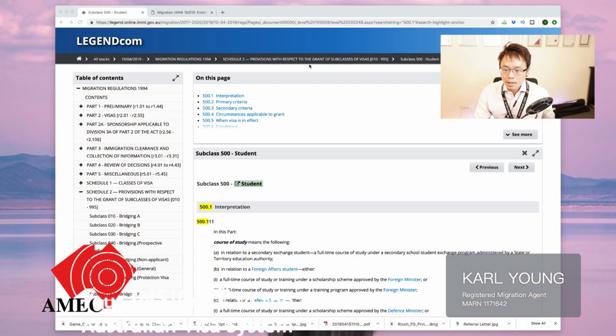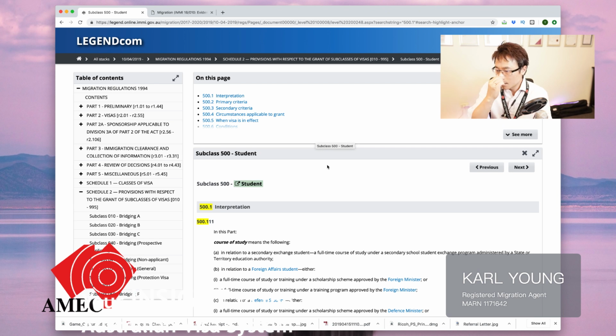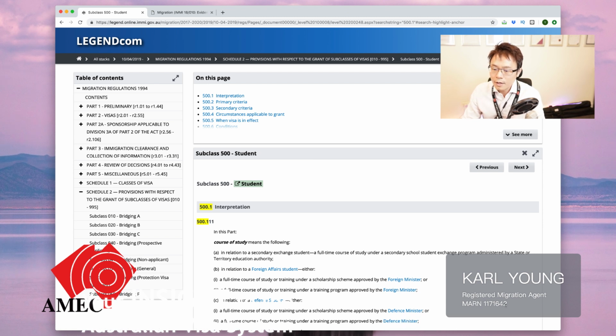So now this again is the legend.com. It's the actual library database that all migration agents are required to subscribe to.